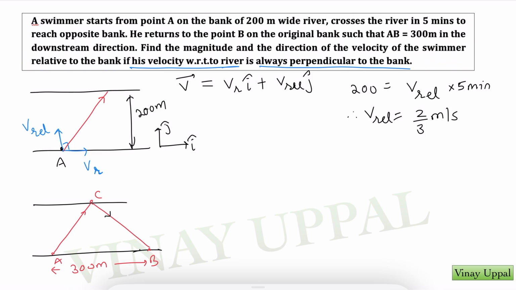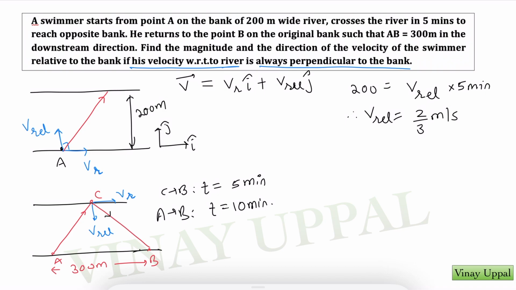So that means these will be the velocity components from C to B, and therefore once again the time taken from C to B will be the same 5 minutes, because the Y component of velocity once again has a magnitude of V relative. So from C to B the time taken would be once again 5 minutes. So therefore A to B the time taken would be 10 minutes.